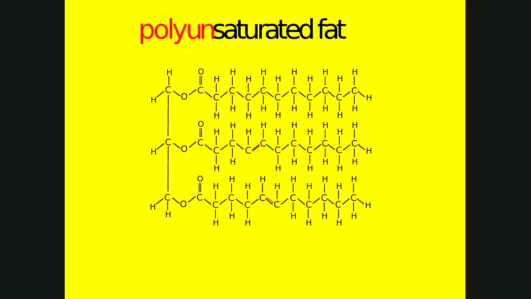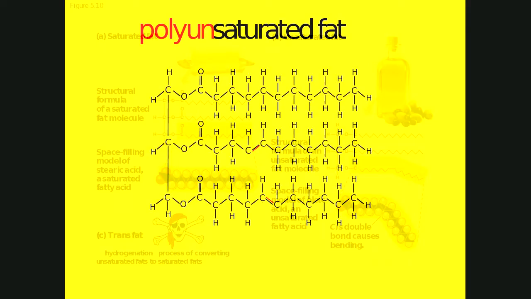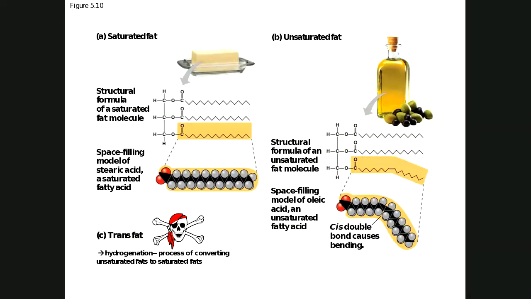Those double bonds can only exist if you have an unsaturated fat, okay? That's why it's bendy, just like we saw in the picture. Now, this unsaturated fat in the picture would be an example of a monounsaturated. It's only got one double bond.